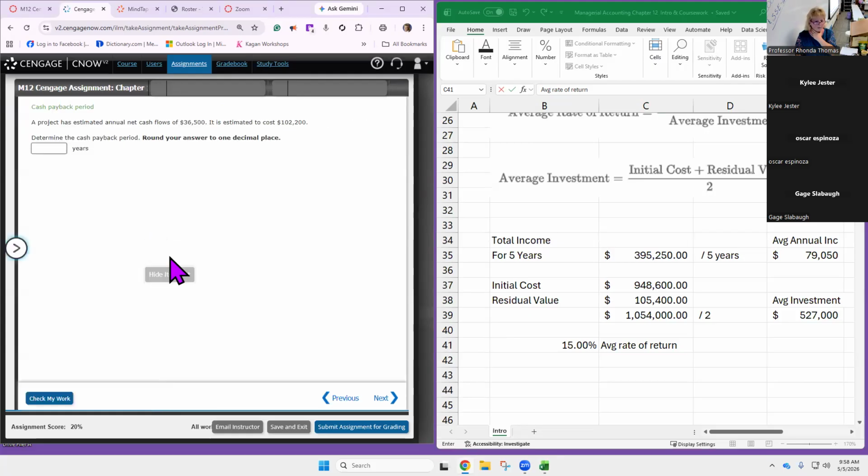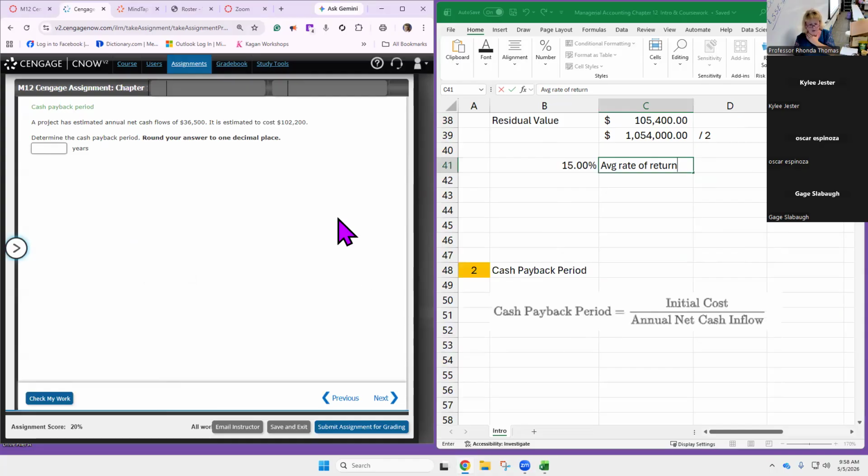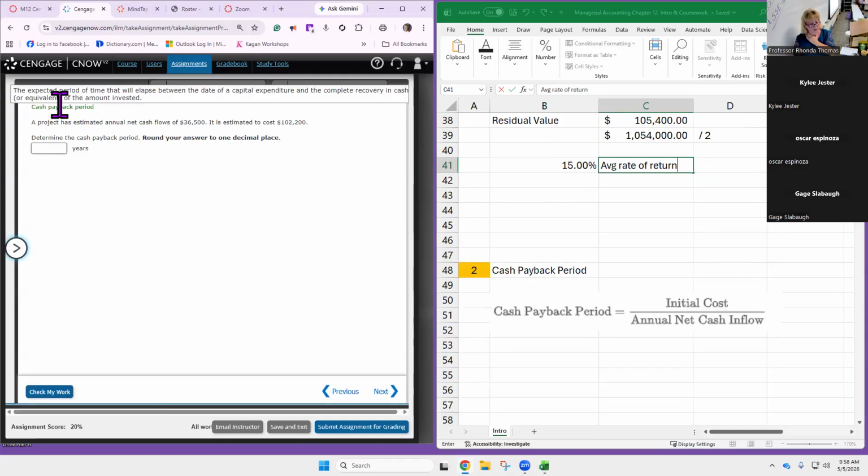Okay, this next one is called the cash payback period. Here's what the book says. It's an expected period of time that will elapse between the date of the capital expenditure and the complete recovery in cash or equivalency of the amount invested. So this one is, I think, pretty easy to understand from an individual's point of view.